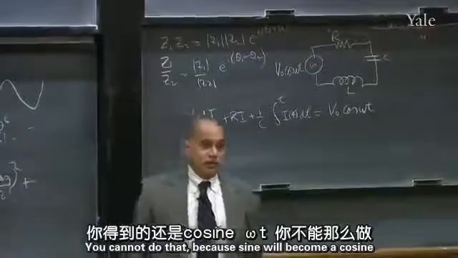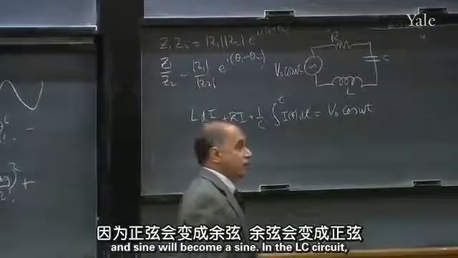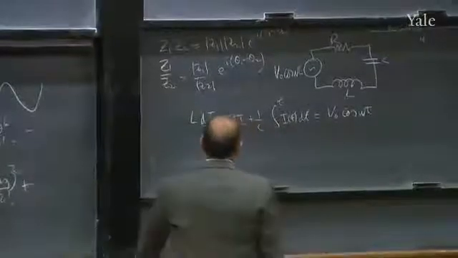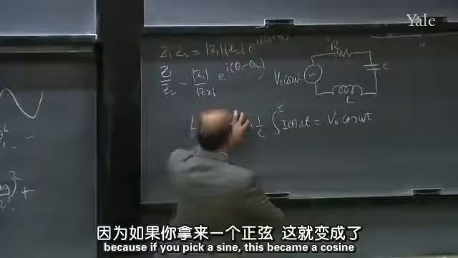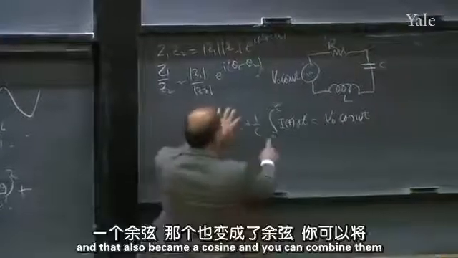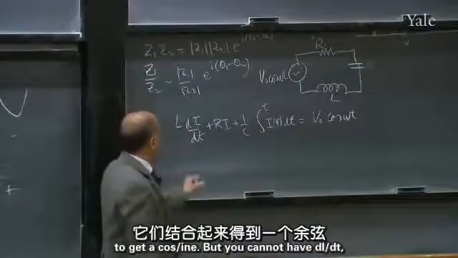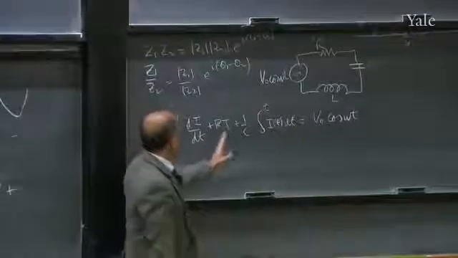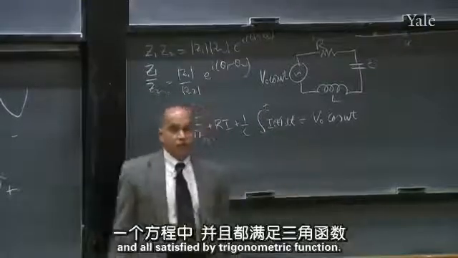You cannot do that, because sine will become a cosine and cosine will become a sine. In the LC circuit, when you didn't have this term, we were okay, because if you pick a sine, this became a cosine, and that also became a cosine, and you can combine them to get a cosine. But you cannot have di/dt, I, and integral of I all in one equation, and all satisfied by a trigonometric function.